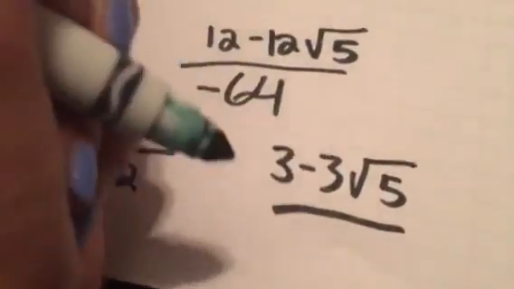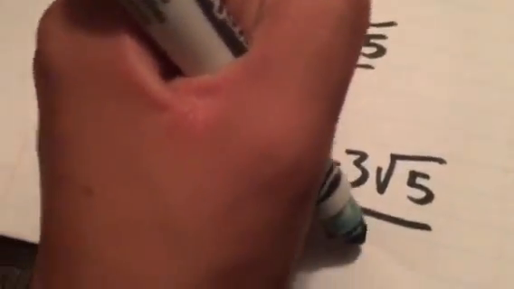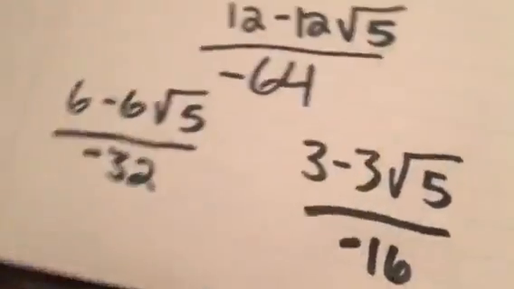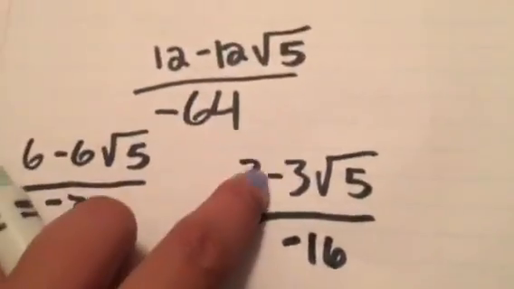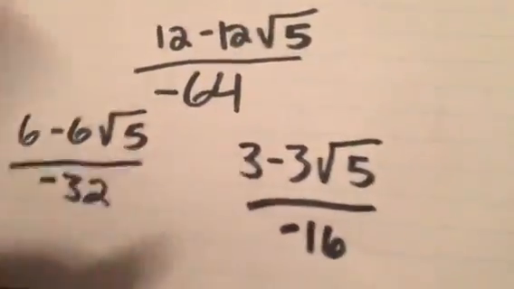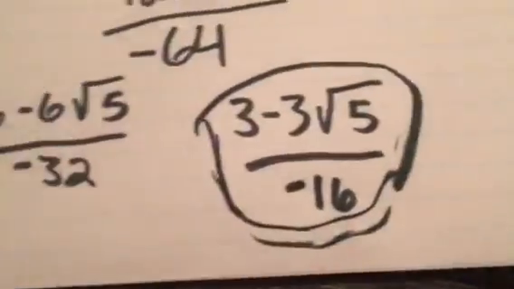But again, we can factor out a 2 and we can get 3 minus 3 radicand of 5, and then negative 16. Because we cannot factor anything out of the 3's anymore, this is as simple as it will get, and then you're done.